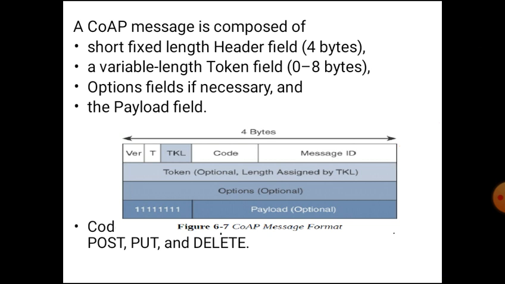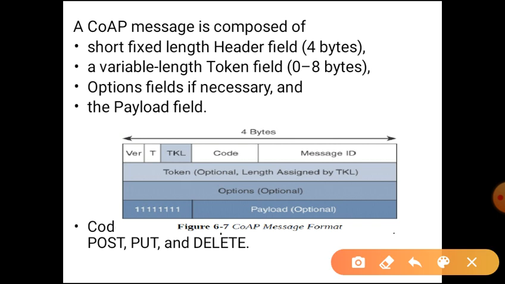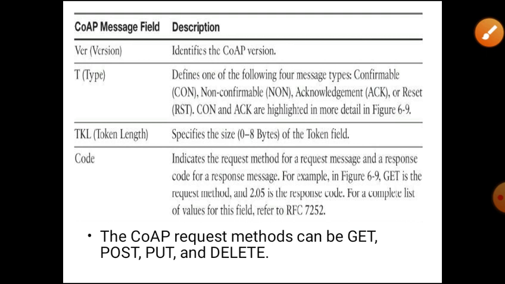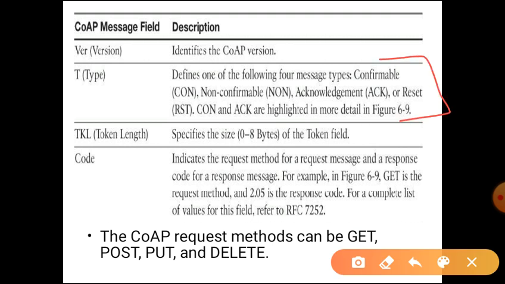Here in this header we have one field, that is VER, that indicates the version of this CoAP protocol. Then T indicates the type of this message. There are 4 types: confirmable, non-confirmable, acknowledgement, and one more, that is reset, as indicated here.